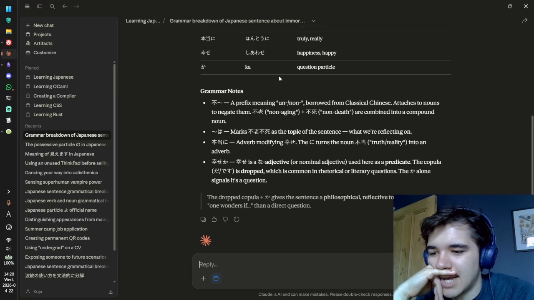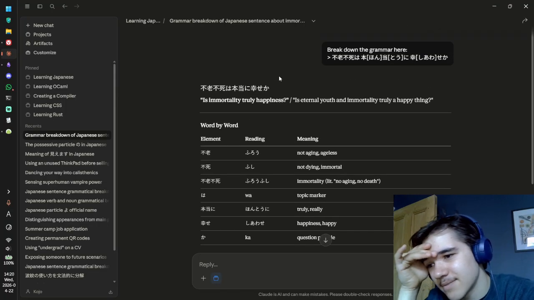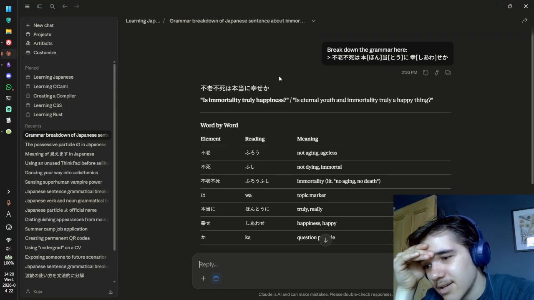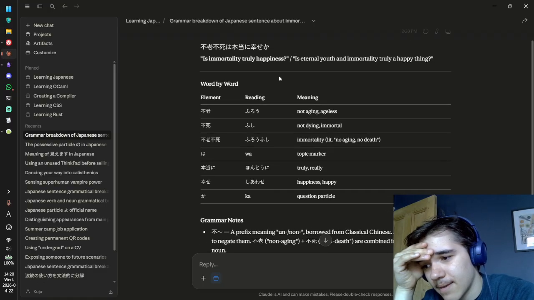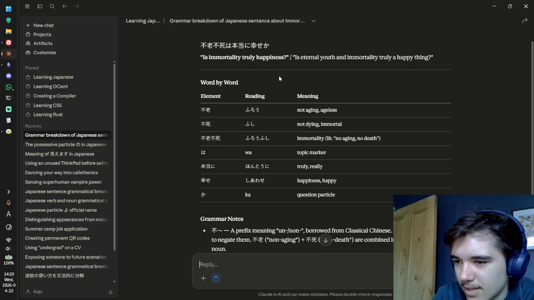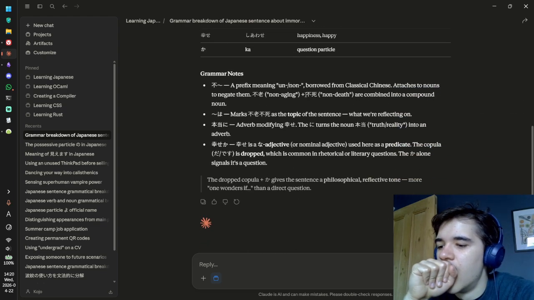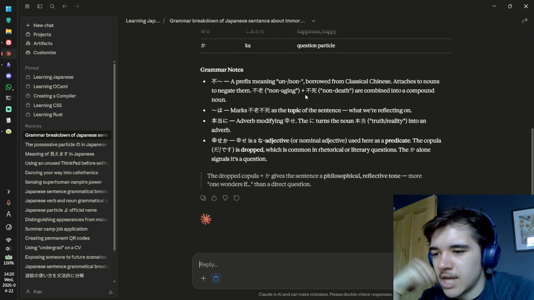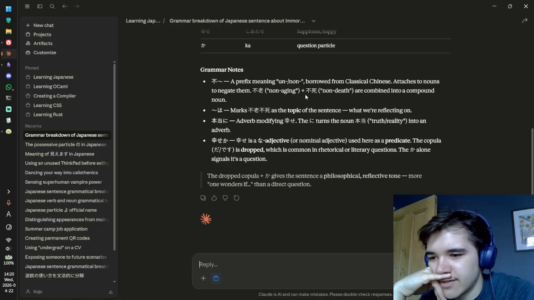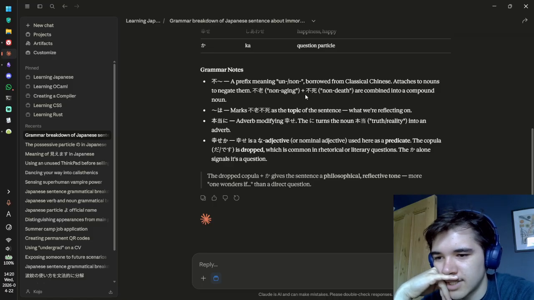The dropped copula plus ka gives the sentence a philosophical reflective tone. One wonders if. What? Really? So instead of 幸せだか or 幸せですか, it's 幸せか. It's interesting. Shiawase is a na adjective, here used as a predicate. Common in rhetorical or literary questions.